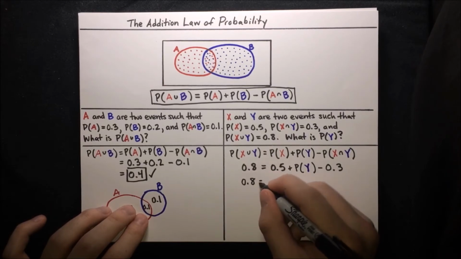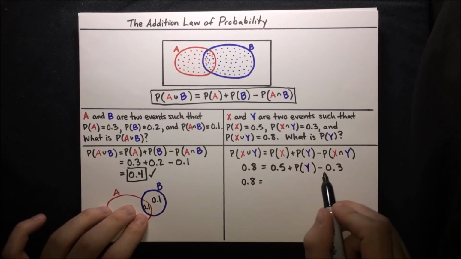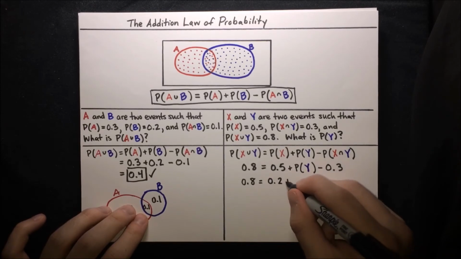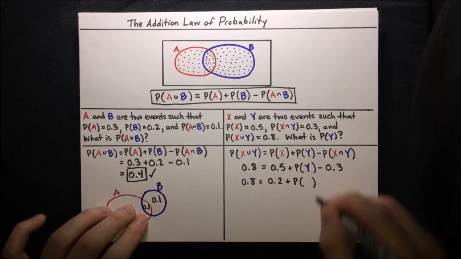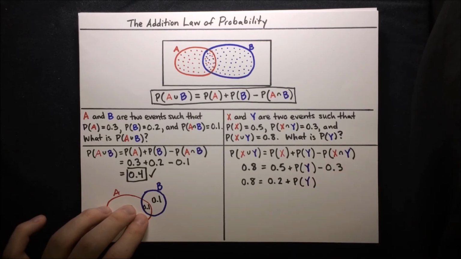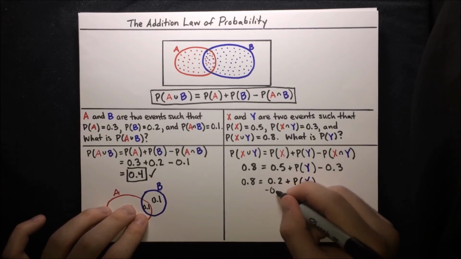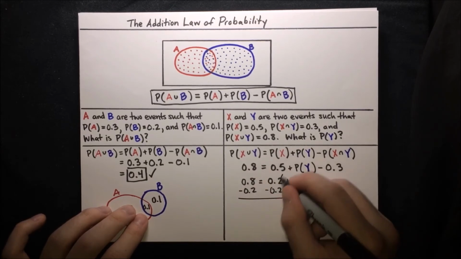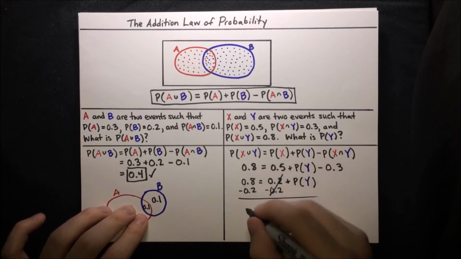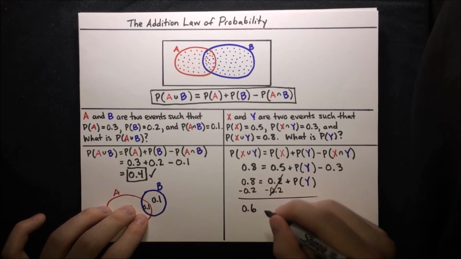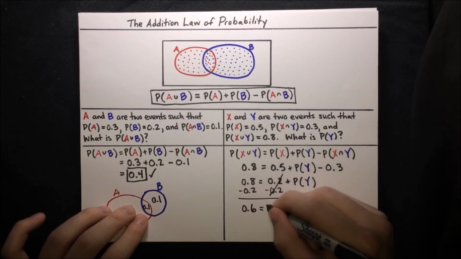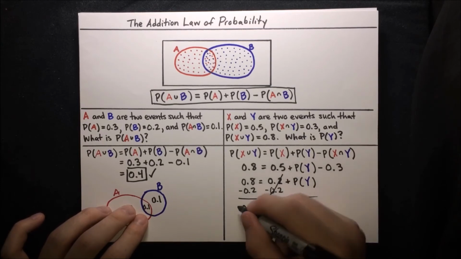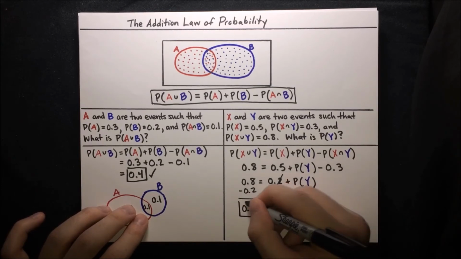So 0.8 equals 0.5 minus 0.3, that makes 0.2, and then we've got our plus probability of Y. So now we can just go ahead and subtract that 0.2 from both sides, and the result is 0.8 minus 0.2 is 0.6. That's what the probability of Y is. So there we go. Probability of Y is 0.6.